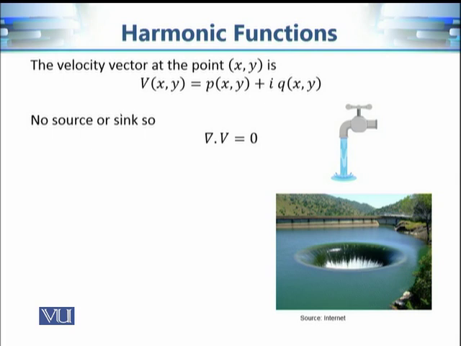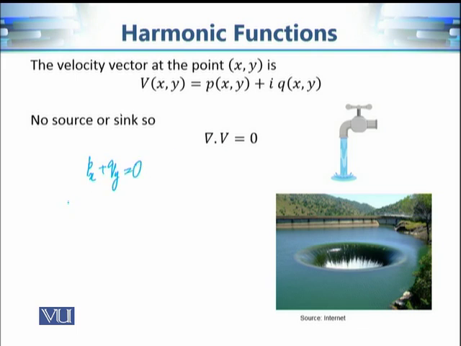The next condition that we impose on the fluid flow is that there is no source or sink. So the divergence of this vector field is equal to 0, and this imposes the condition that px plus qy must be equal to 0.